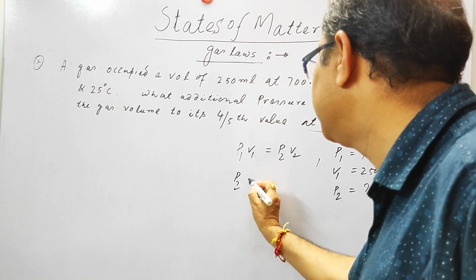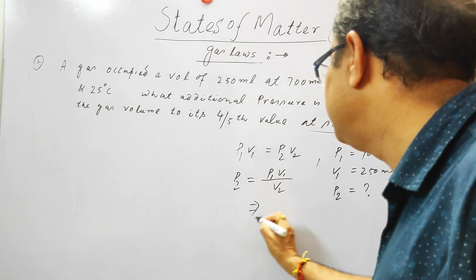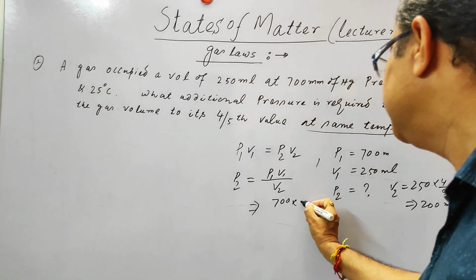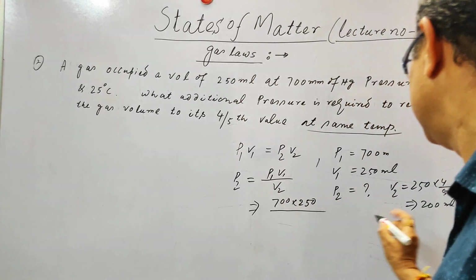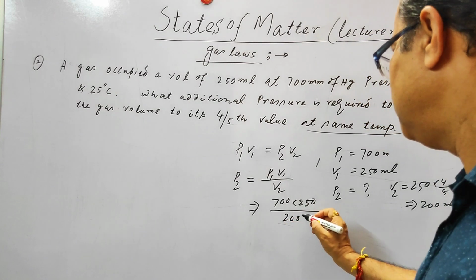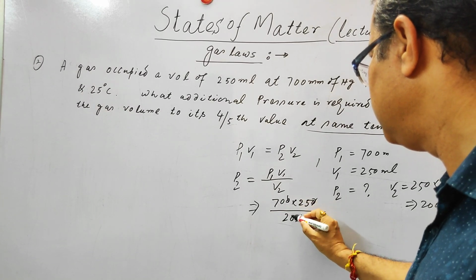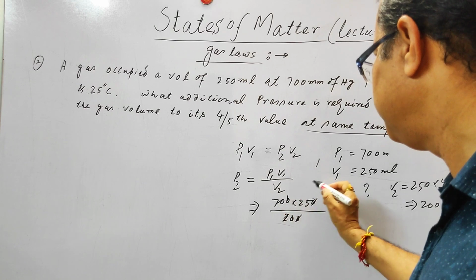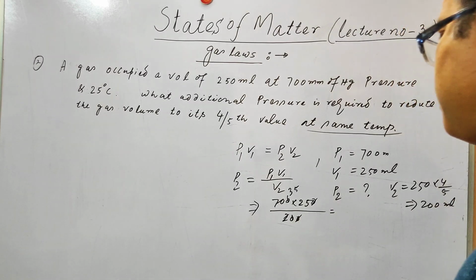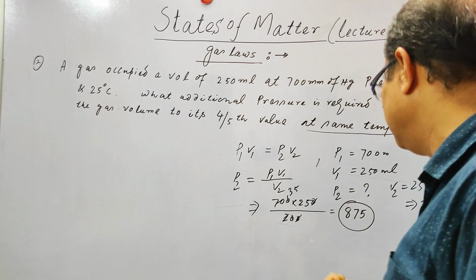Now P2 we can calculate as P1 into V1 by V2. So 700 into V1 which is 250, divided by 200. So we will get 875.